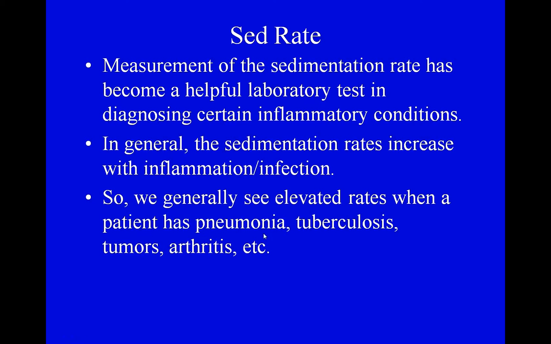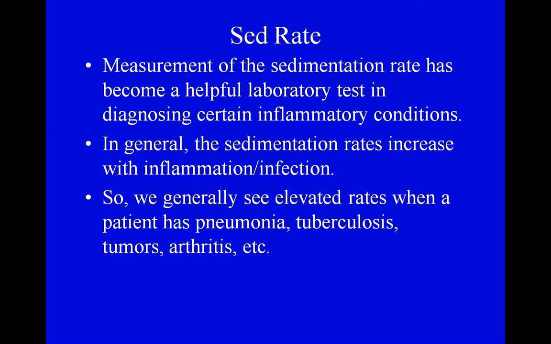Similarly, if a patient had an infection like pneumonia or tuberculosis, that would cause an increased sed rate. So an increased sed rate combined with an increased white blood cell count tells us there's inflammation or infection. Okay, one last thing then. Let's see what else we use that with. If they have lupus, lupus is a chronic inflammatory condition.